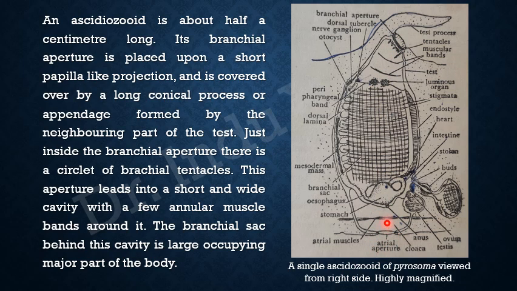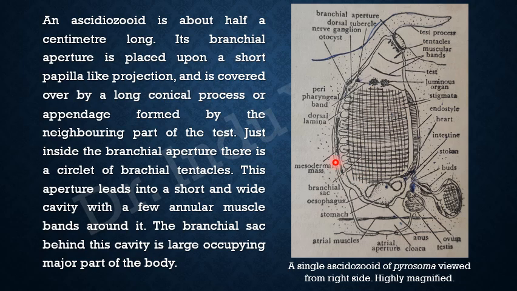Okay. Now this is the dorsal part of the animal and this is the ventral part. How do you recognize the dorsal part? The dorsal lamina is present on the dorsal surface of the animal, and the endostyle is present on the ventral surface. So this dorsal part is facing the open end of the colony, like the common cloaca. If we visualize the whole colony, all the individuals, one will be here, one will be here, and so on.